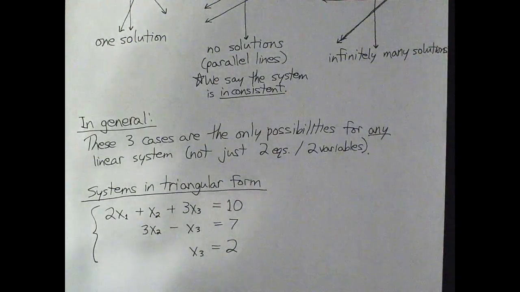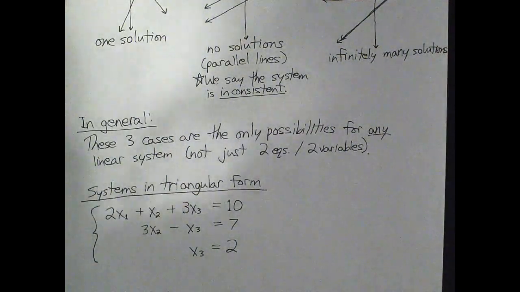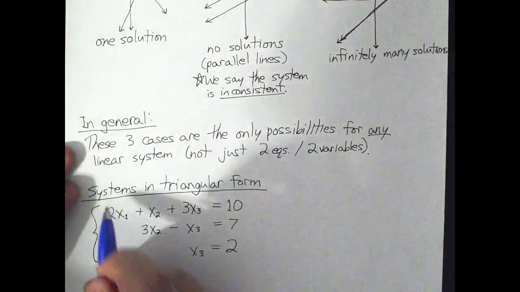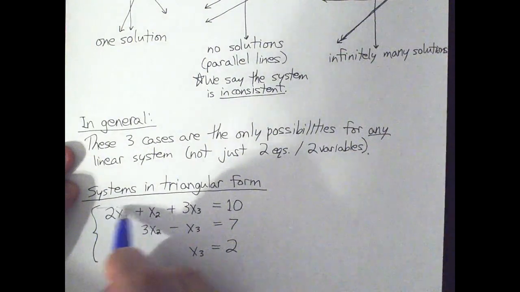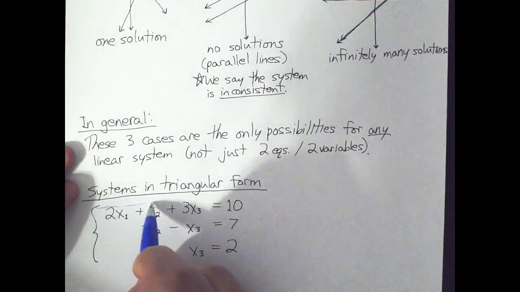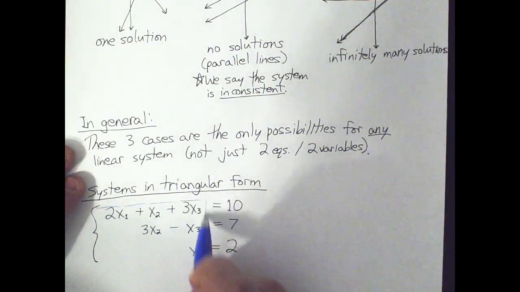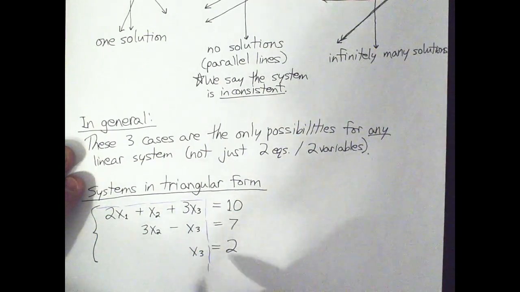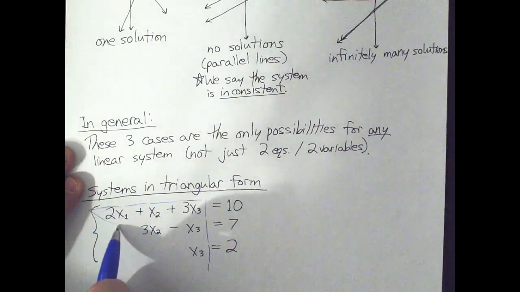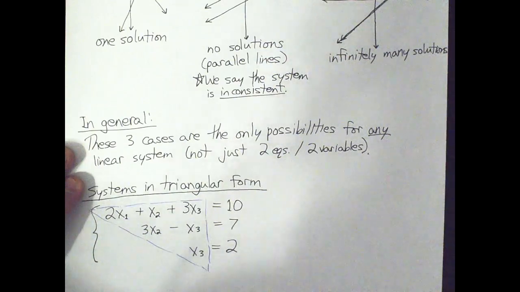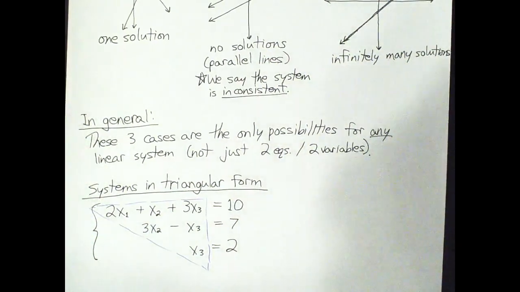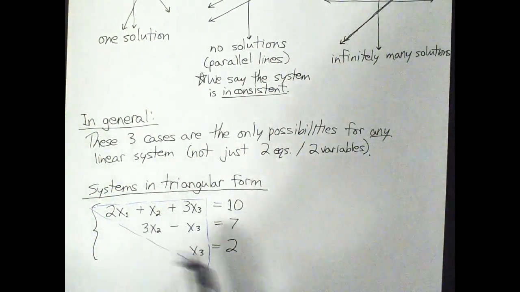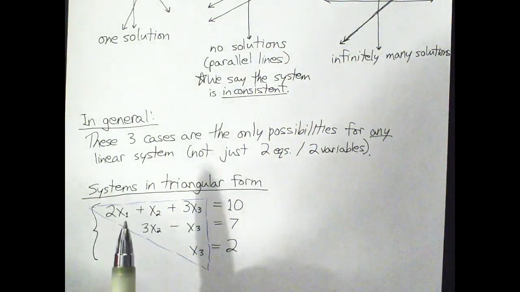The reason why this is called triangular form is because the left-hand sides, I'm going to try to use a blue pen here to show this, make this nice triangle. See that?